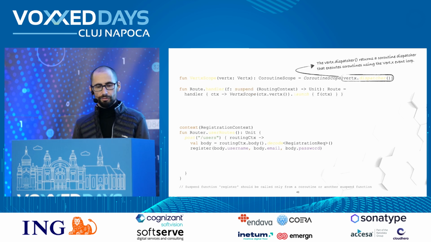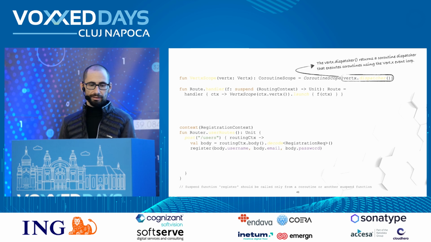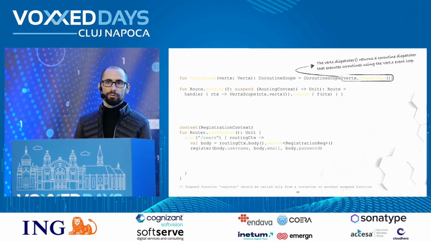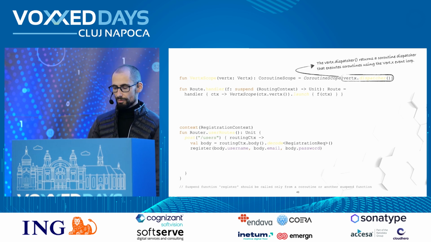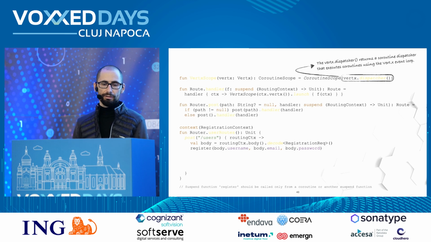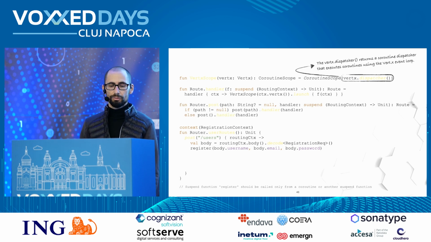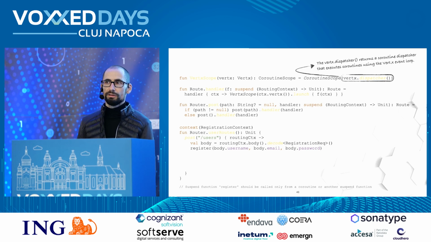Another thing we're going to have to do is write an extension function over the Vertex route, and that extension function should be able to handle suspendable functions. As you see here, we're using the Vertex scope, and inside the Vertex scope, we are launching our function. The last thing we need to do is create an extension function over the Vertex router to be able to use the handler that we've defined above.